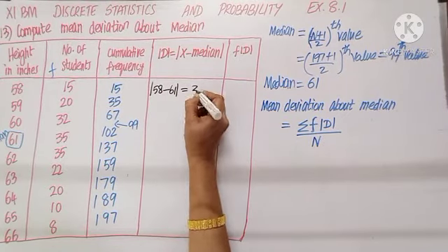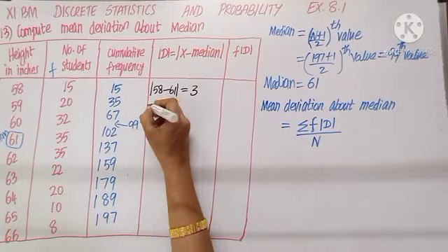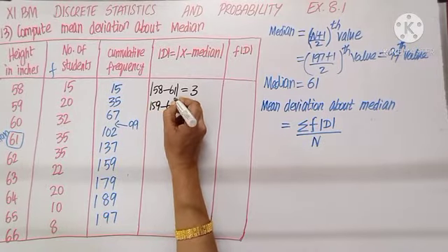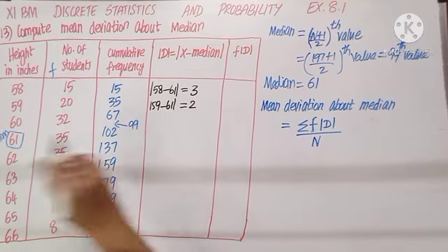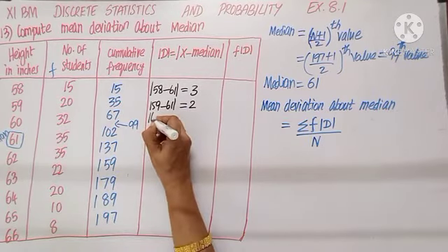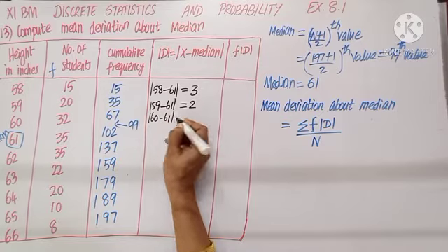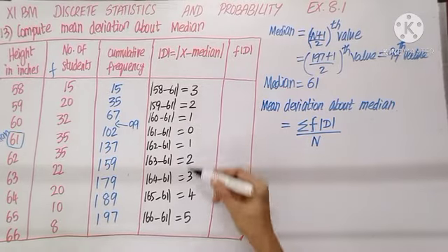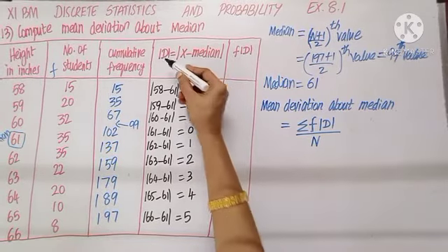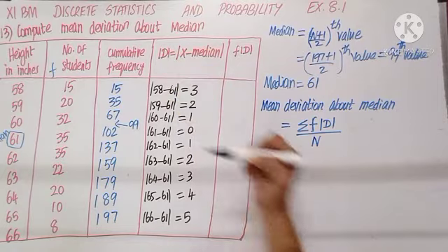Modulus tells me 3. 59 minus 61, I get minus 2. Modulus is 2. 60 minus 61, I get minus 1. Modulus is 1. Proceed in the same way. As we complete this deviation, we call it modulus of D.